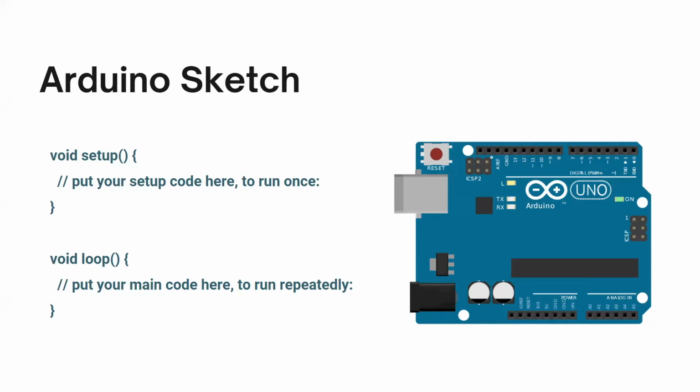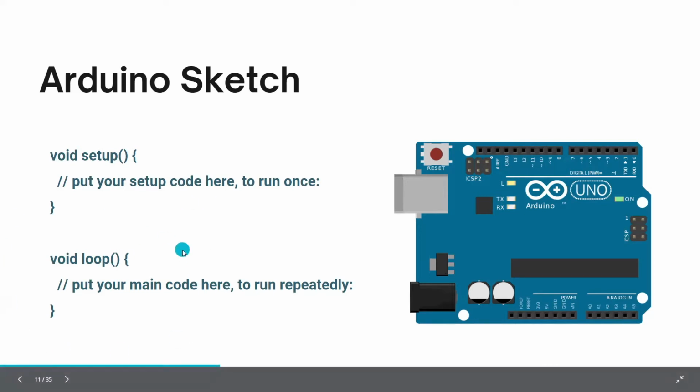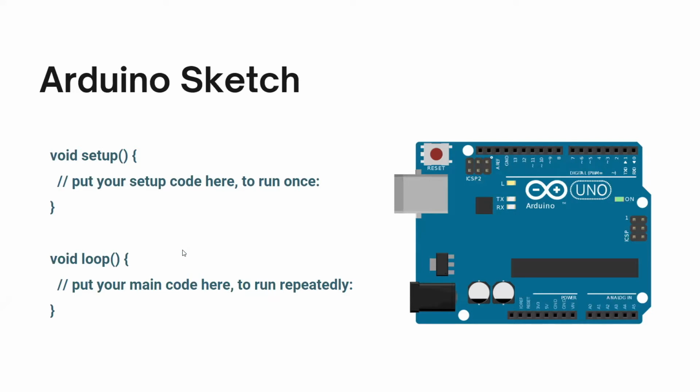If I tell it once, it will automatically understand that an LED is connected. In void loop, I will say turn on the light or blink the light. It should blink until I turn off the power. For void loop, it automatically understands that it has to repeat the tasks. So this is the basic difference between void setup and void loop.